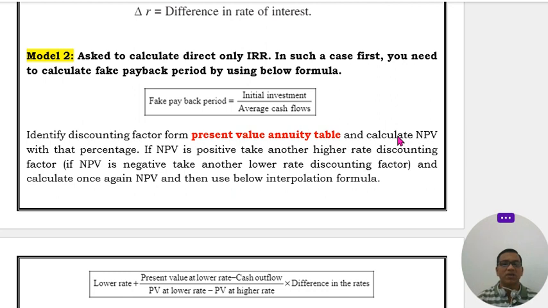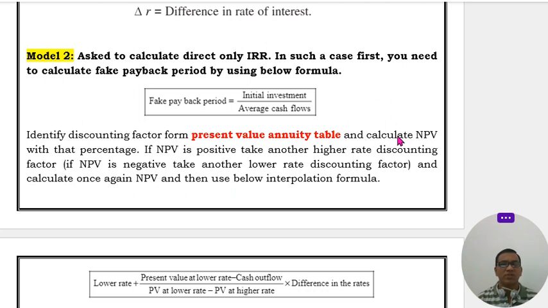First you have to calculate the fake payback period. How will you get the fake payback period? Initial investment divided by average cash flows. Now take this fake payback period value and go to the present value annuity table. In the present value annuity table, check the number of years row.